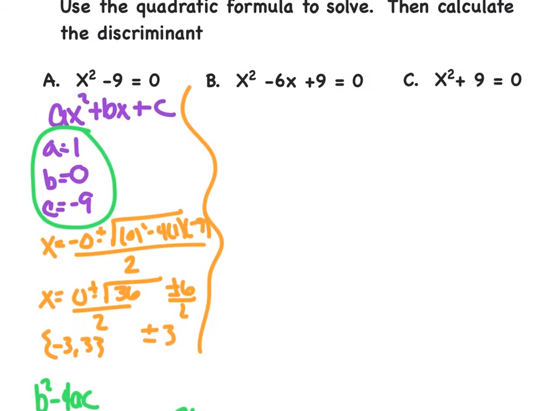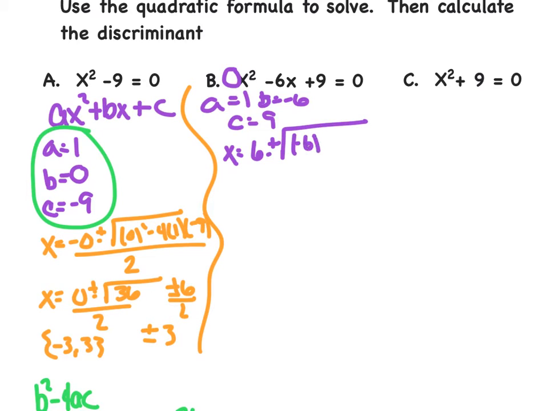All right, let's try the second one. I need to identify my a, my b, and my c. So a equals 1, b equals negative 6, and c equals 9. So again, let's throw it all together. x equals negative b, so positive 6, plus or minus the square root of negative 6 squared, notice the parentheses, minus 4 times 1 times 9, divided by 2a, divided by 2.